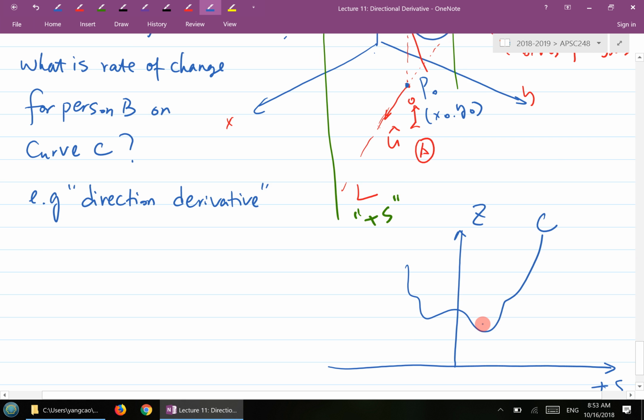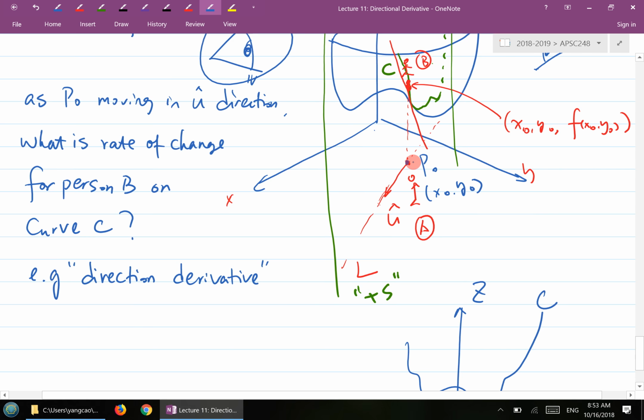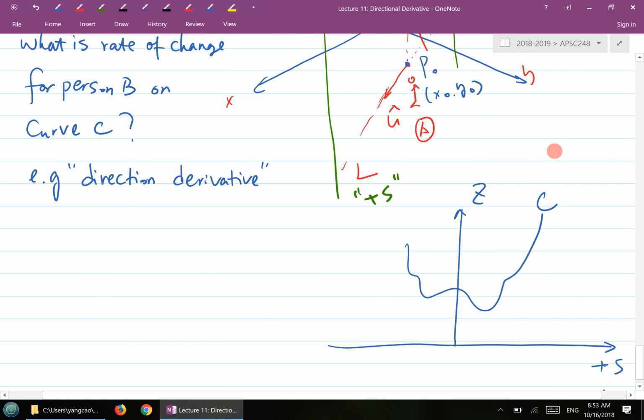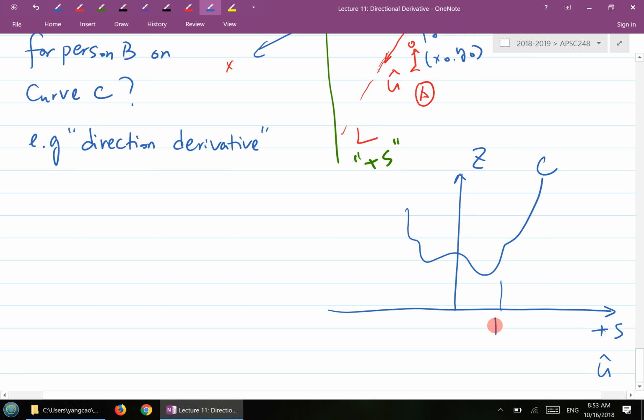Once you draw this out, you can nail down the actual location. I don't know what it is, but maybe this is the P naught here. And then you can draw the slope at that location.